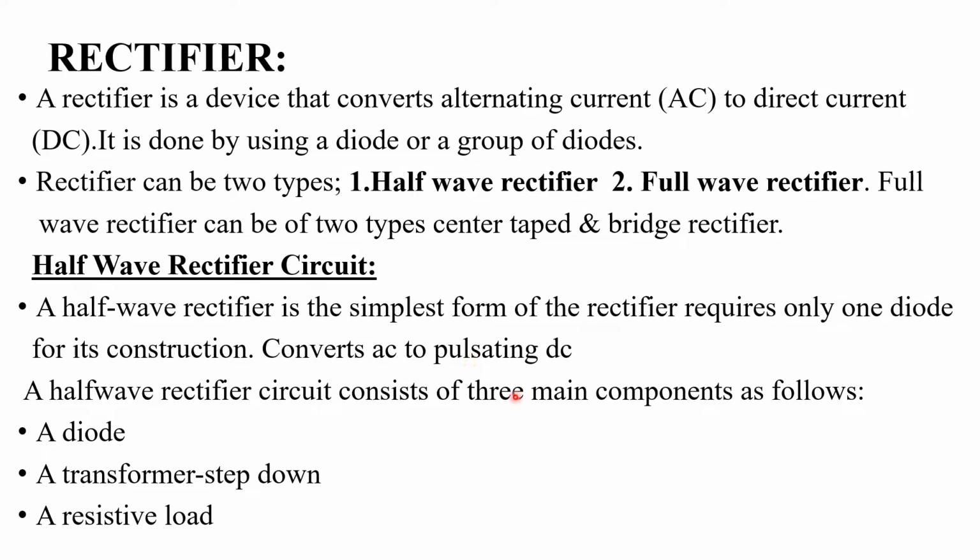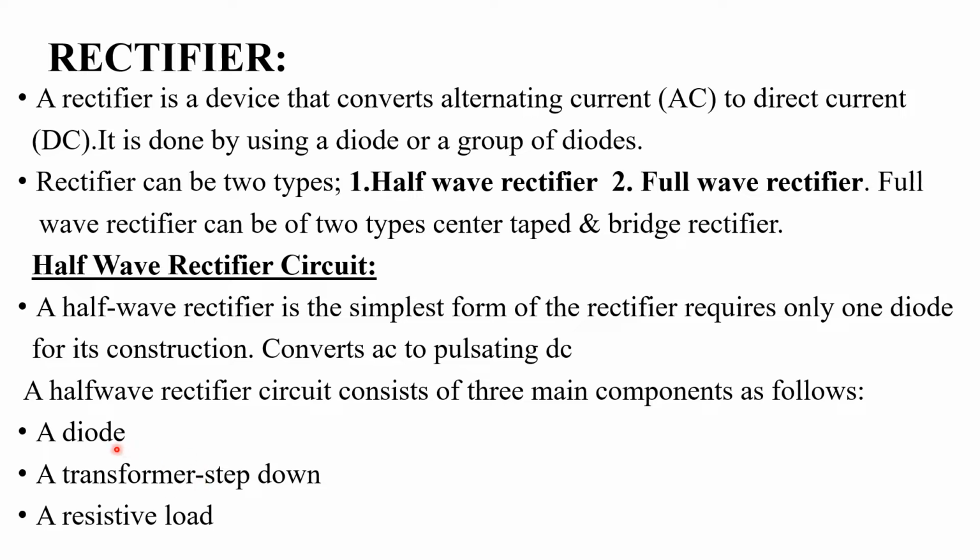Here in this video we will discuss the half wave rectifier circuit. As we have seen, in half wave rectifiers we use a single diode, and this half wave rectifier will convert AC to pulsating DC. The major requirement for this half wave rectifier circuit is, first, a diode.